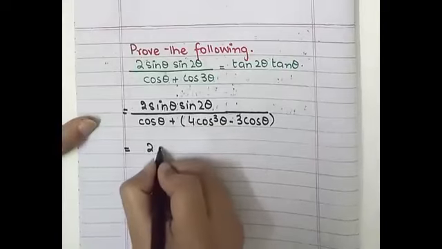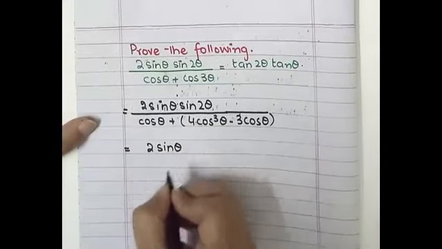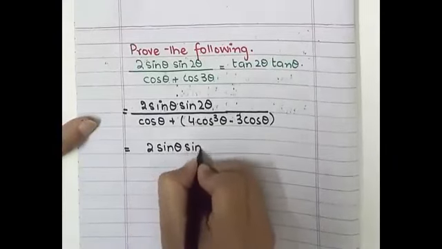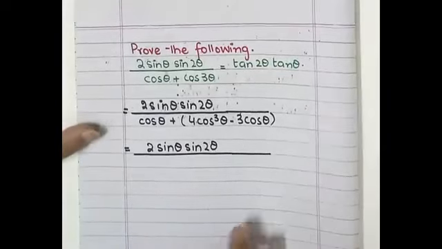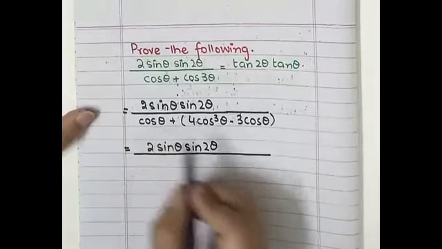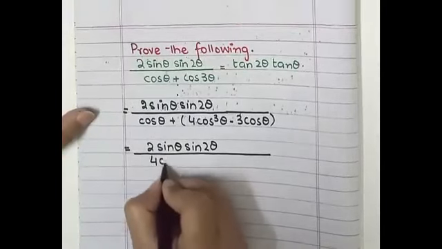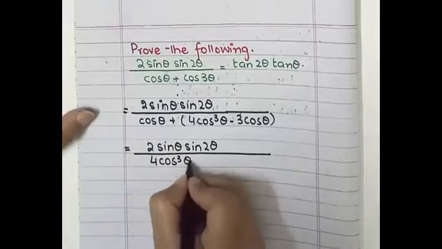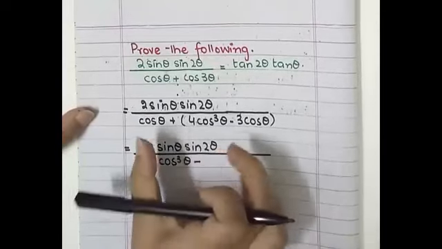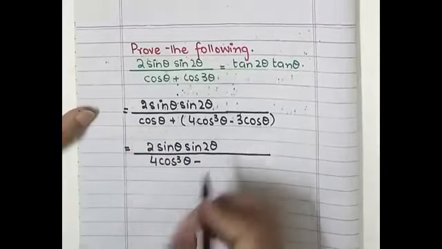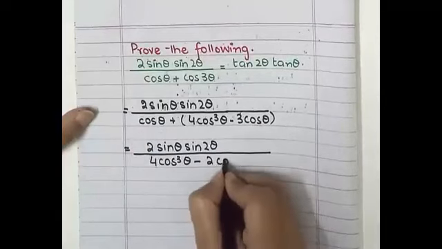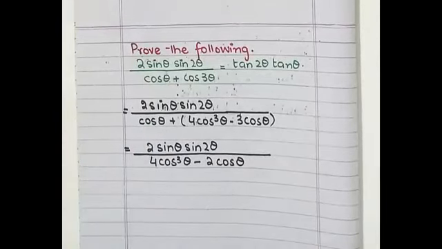So here we have 2 sin theta sin 2 theta divided by cos theta plus 4 cos cube theta minus 3 cos theta. Subtracting these two terms we have 4 cos cube theta minus 2 cos theta.